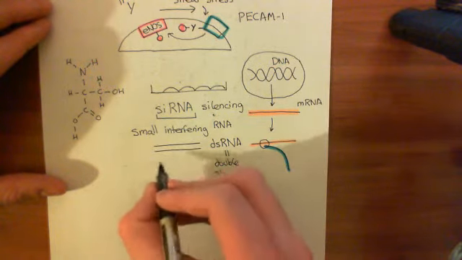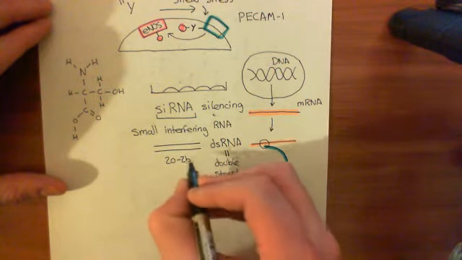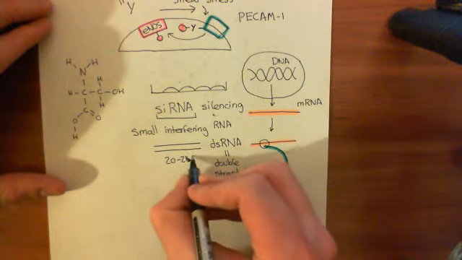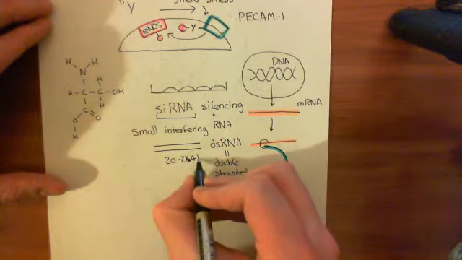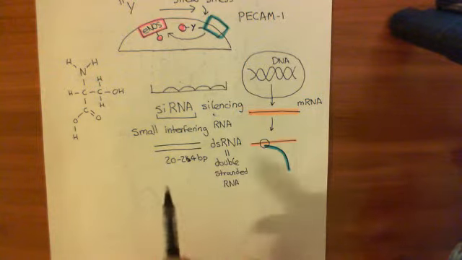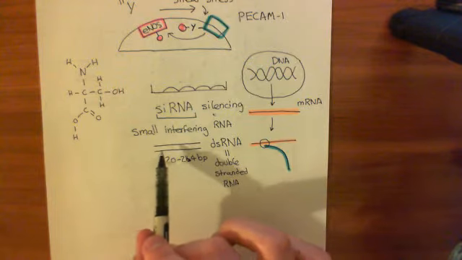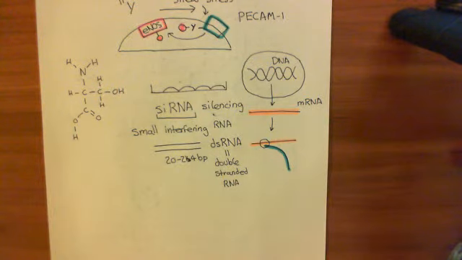They will generally have around 20 to 24 base pairs. So 20 or so organic bases will be in this piece of double-stranded RNA.